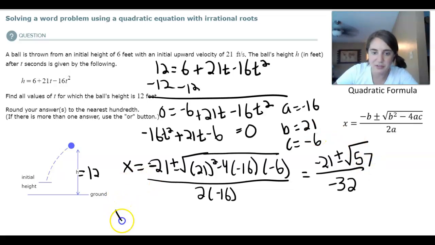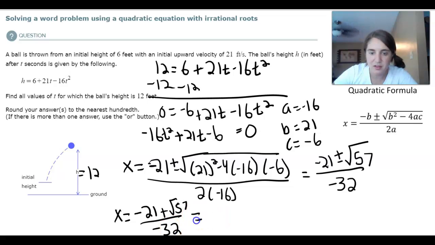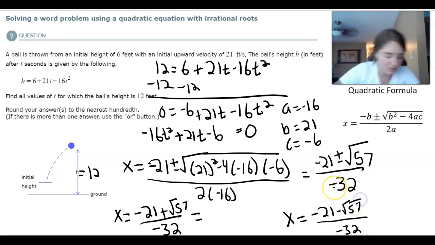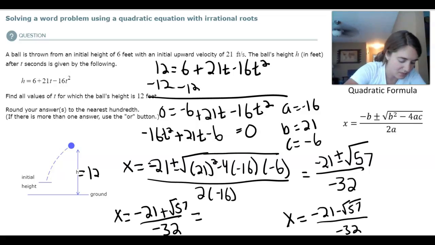So if I were to find two answers for this, I'd do x equals negative 21 plus square root of 57 divided by negative 32 equals, and then x equals... so make sure you're practicing entering these in your calculator.